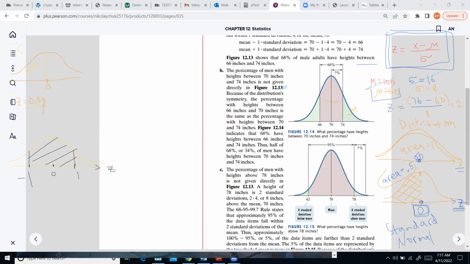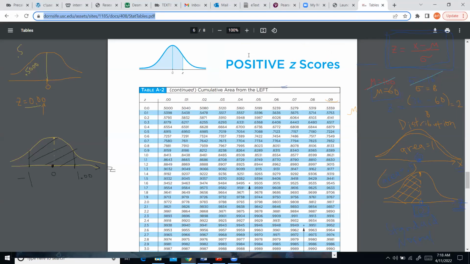So let's try to find the area within one standard deviation from the mean, which is from 0, you go to 1 on the left and 1 on the right. I could also turn this into 1.00, right? So let me go back to the tables and try to see how we can do this. I'm looking at the tables right now, and I can see that the number 1 is right here.